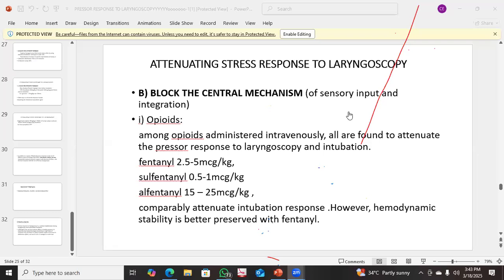Then on those two slides, I just want us to know that when you look at pressor response, our teachers from the University of Lagos have 2 or more articles comparing them, and the conclusion is that for surgeries that are amenable to LMA and intubation, if you can use LMA, use it, because they found out that the laryngoscopic response with the use of LMA is much, much more reduced compared to outright endotracheal intubation.